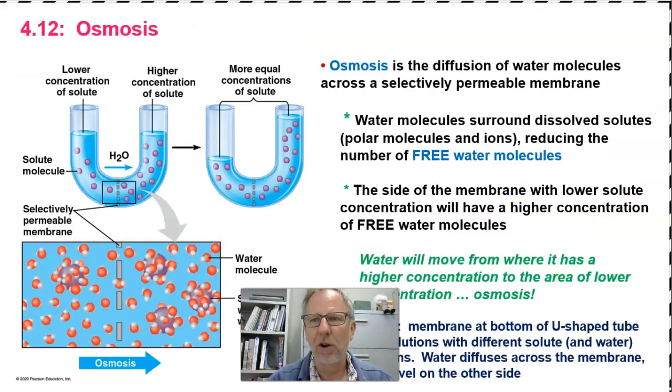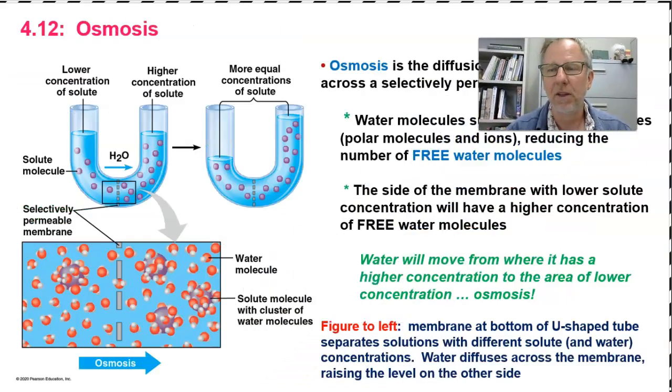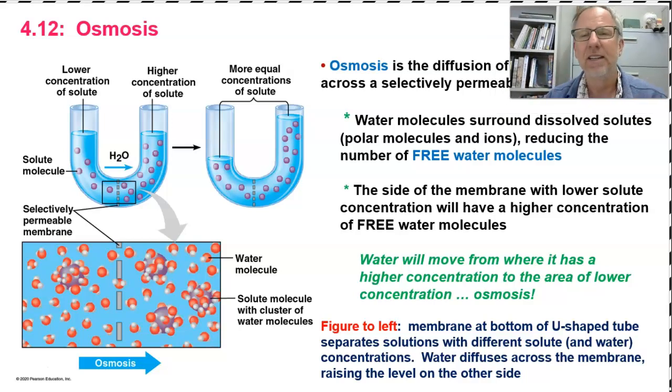The main thing we're going over in this part of the chapter is section 4.12 on osmosis. So what is osmosis? That's pretty straightforward. It's the diffusion of water across a selectively permeable membrane. That's all it is.